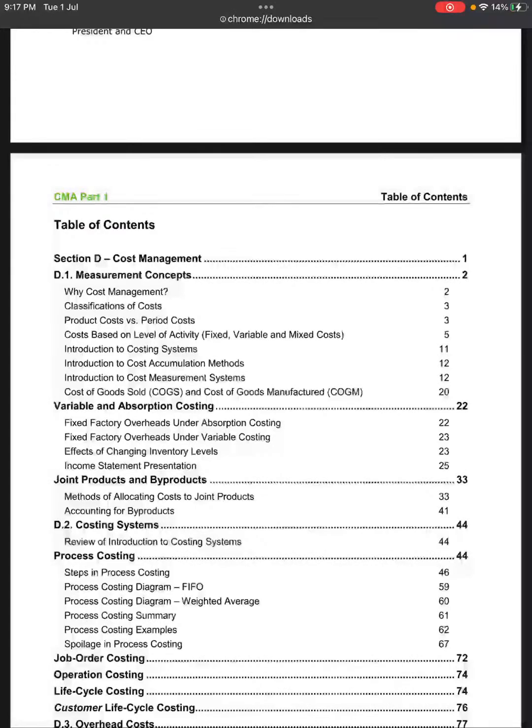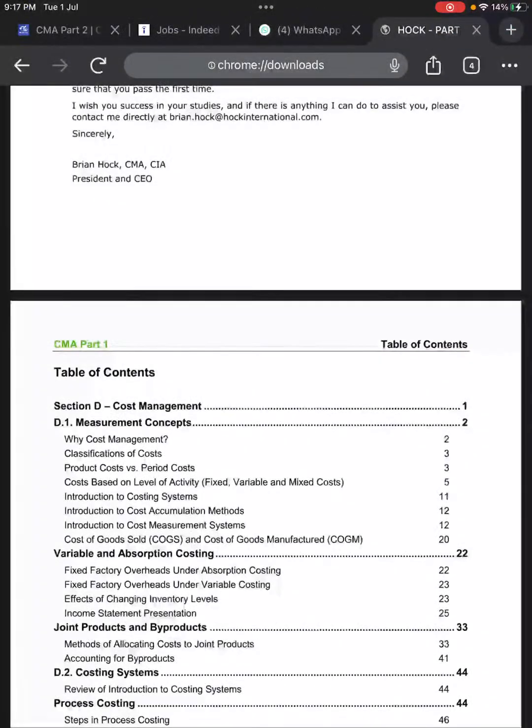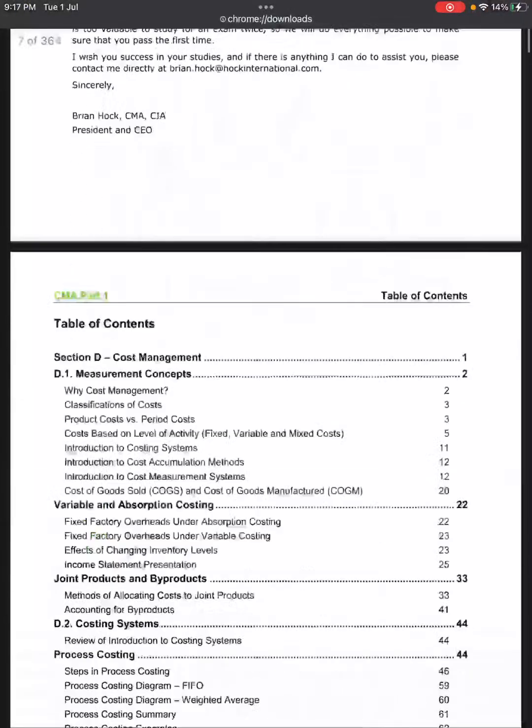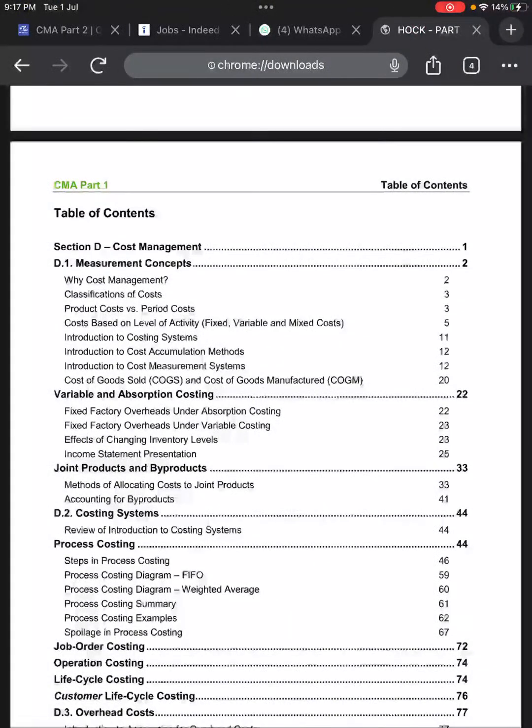And period cost, we discussed the admin expenses, selling and distribution expenses, all these expenses as period cost. And also indirect cost we discussed as the period cost.